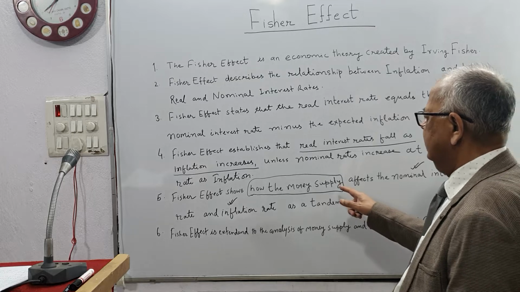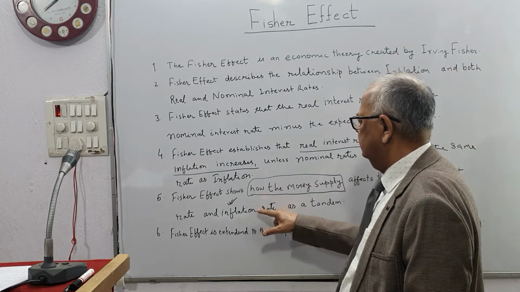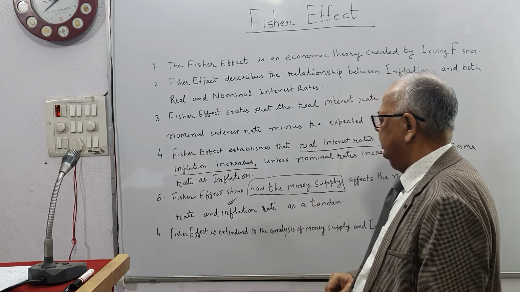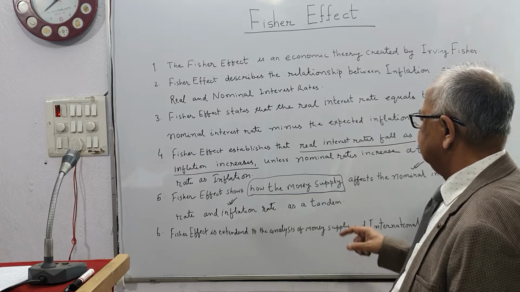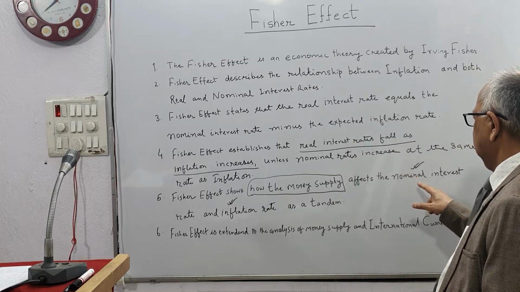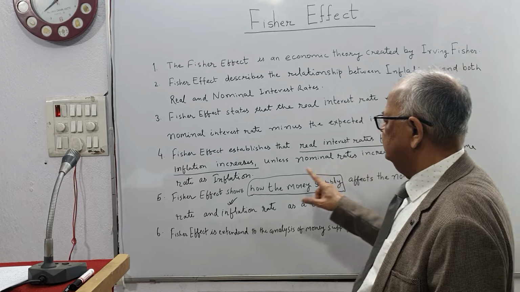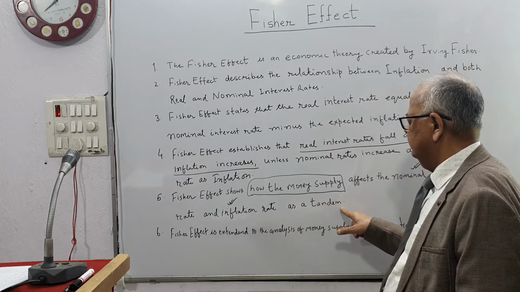So with money supply and price level, we have seen this in the quantity theory of money. But what we learn new here is that supply of money affects nominal interest rate and inflation rate as a tandem.